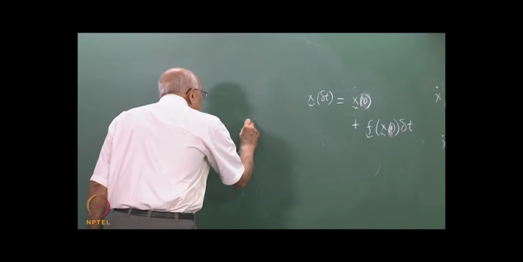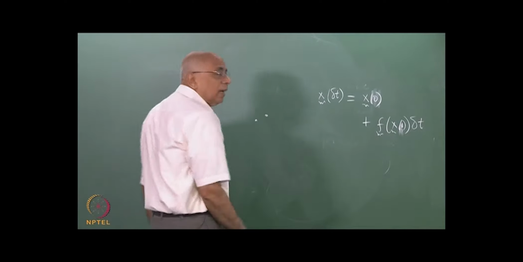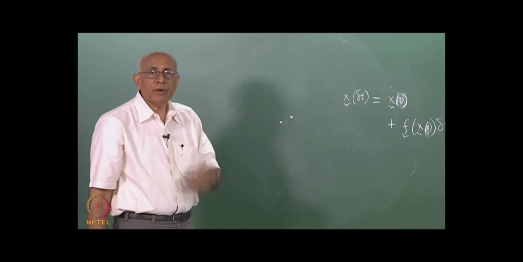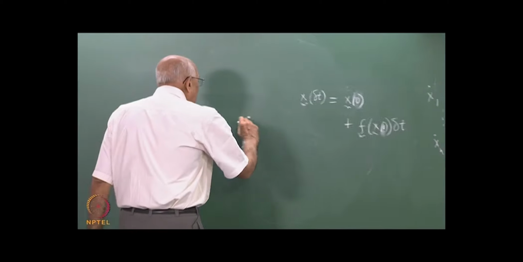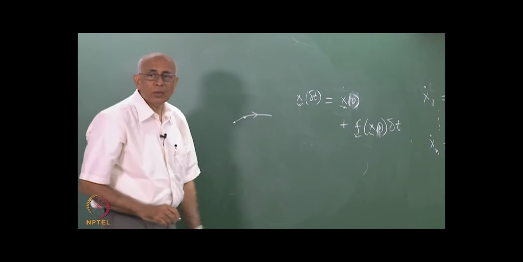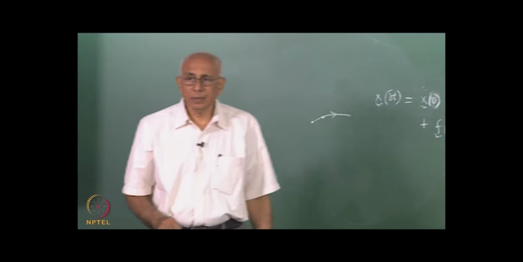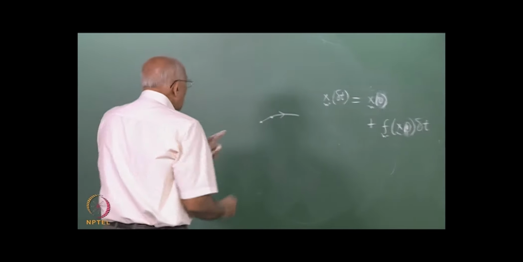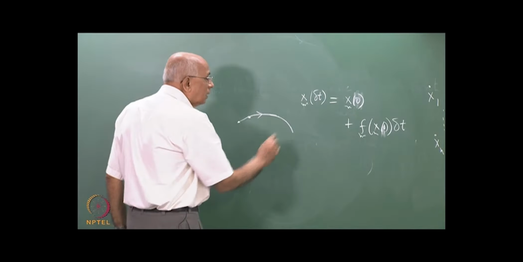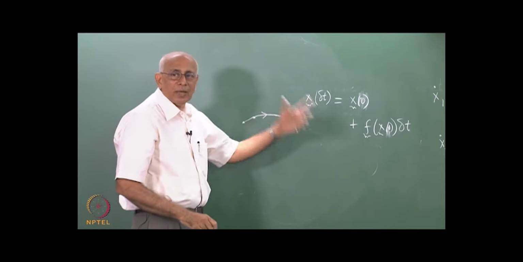So if I start at some point in phase space, a little time delta t later I am there. So I know this, and if I make delta t fine enough, I should be able to draw a continuous curve and call it the phase trajectory. And once I am here, I play the same trick again and I move forward, and this method is like the method of isoclines.